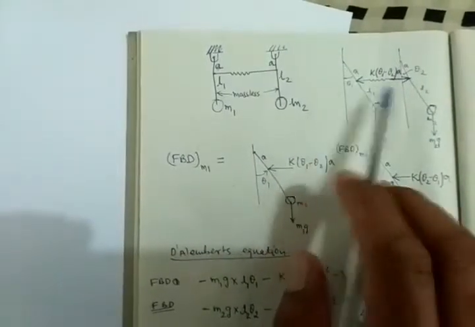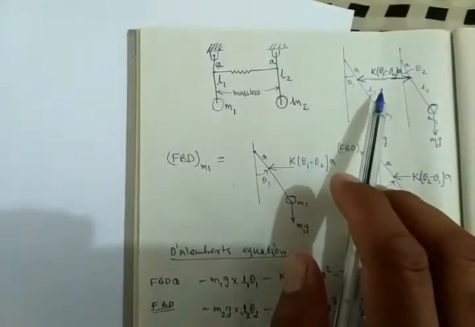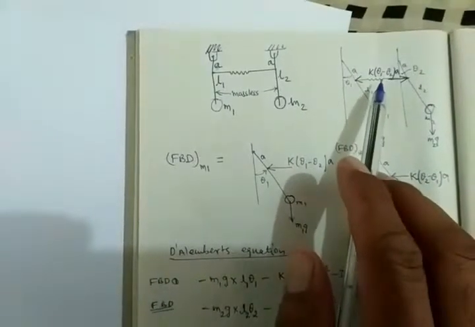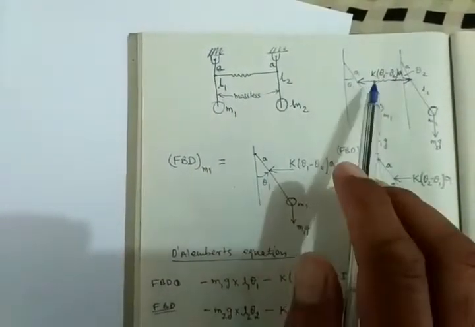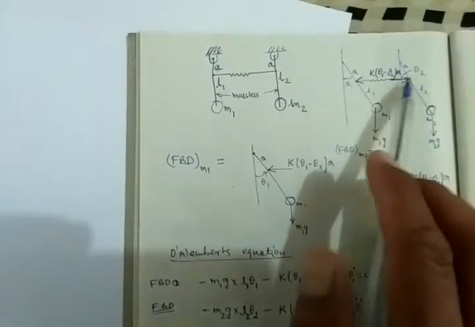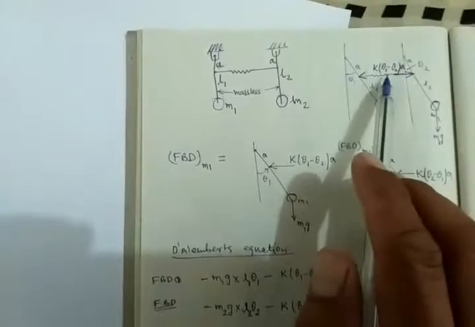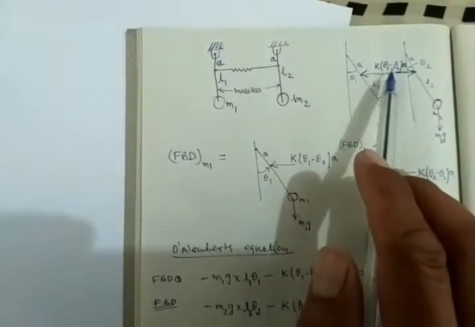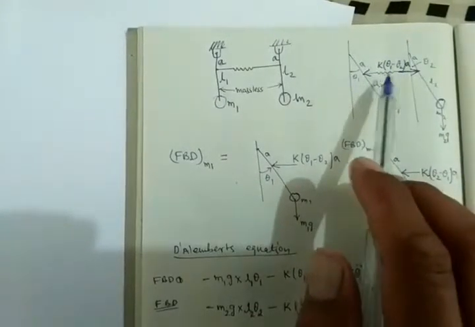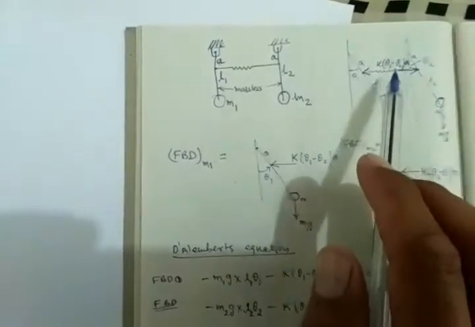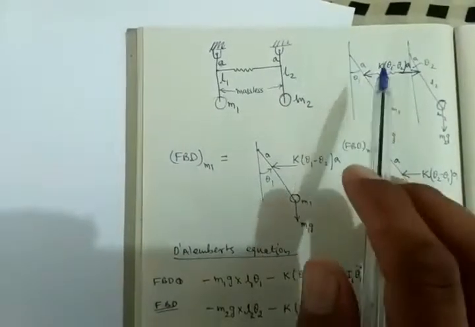Obviously theta 1 is not equal to theta 2 in my assumption, because I want some compression or expansion in this spring also. If theta 1 is equal to theta 2, then the spring will not compress or expand. So I am assuming theta 1 is not equal to theta 2, and then I am drawing the free body diagrams.